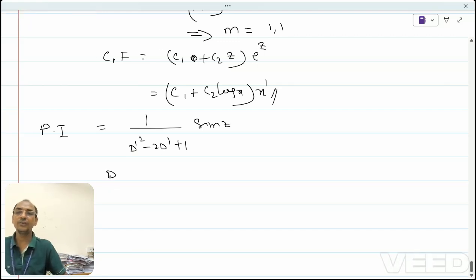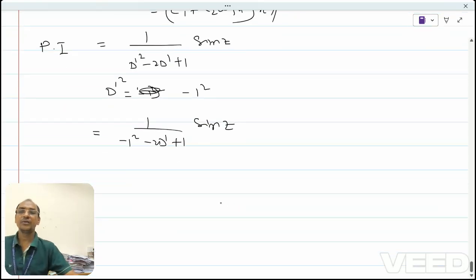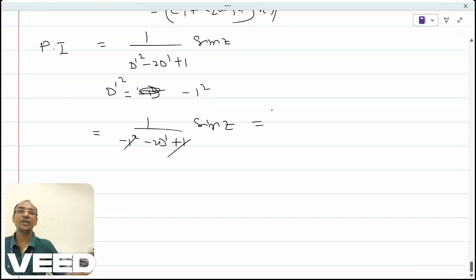So here what we will do, we will replace D dash square by minus a square, where a equal to 1, so minus 1 square, and the remaining thing will be 1 by minus 1 square minus 2D dash plus 1 into sine z. So you find here minus 1 plus 1 will get cancelled.